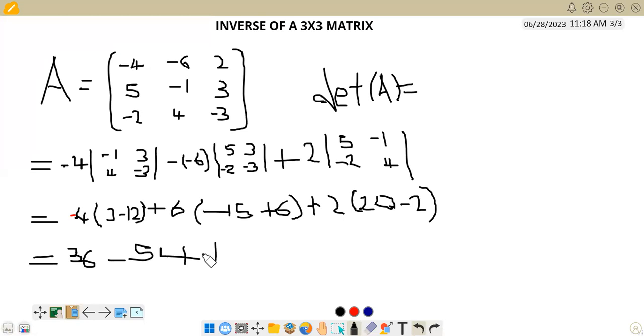Then plus 20 minus 2, it will be 18. 18 times 2, it will be 36. So we have 36.